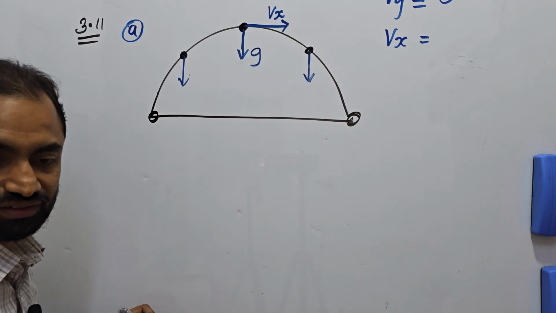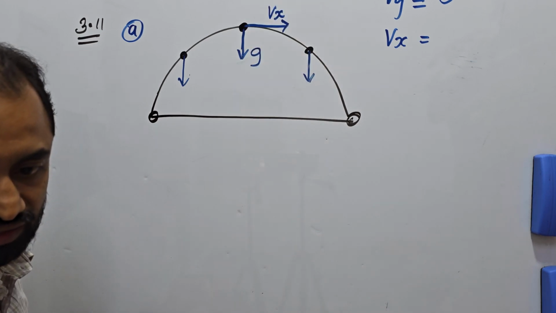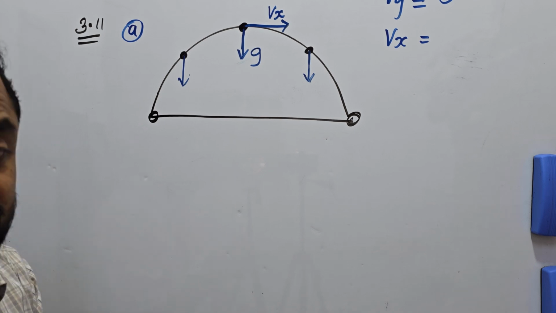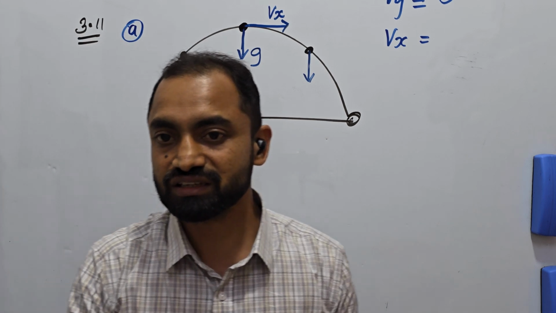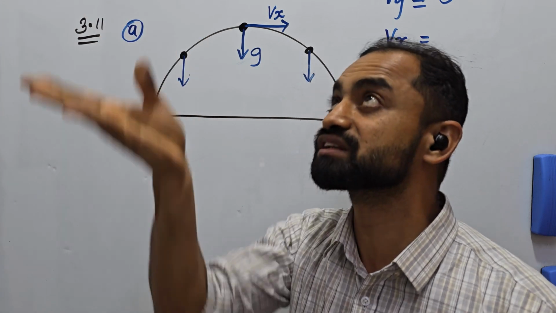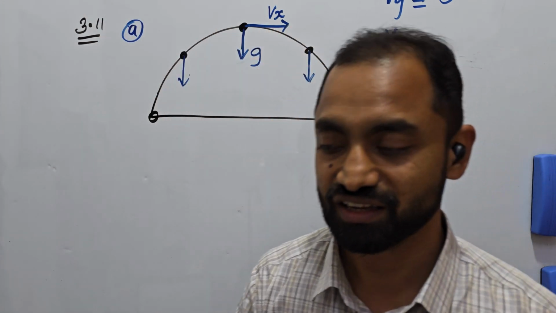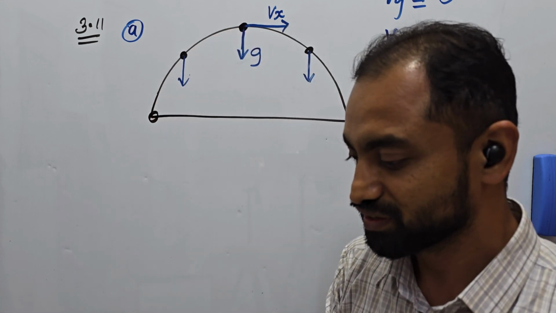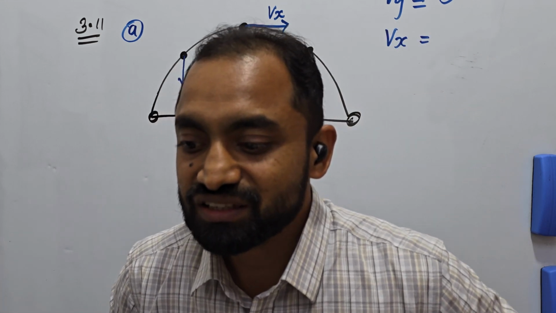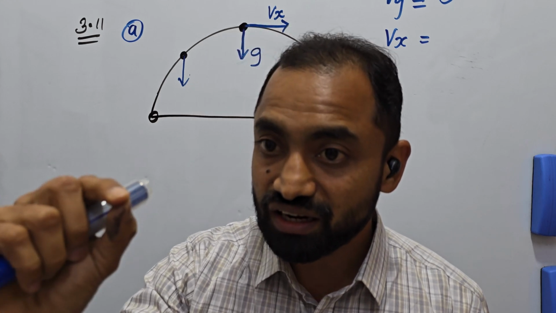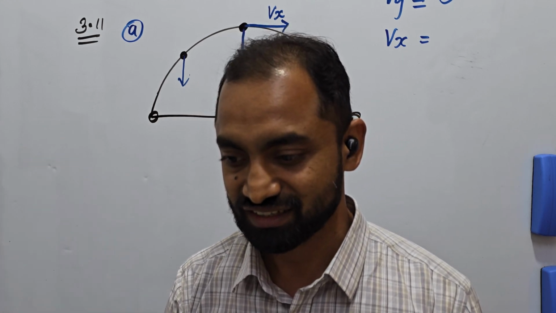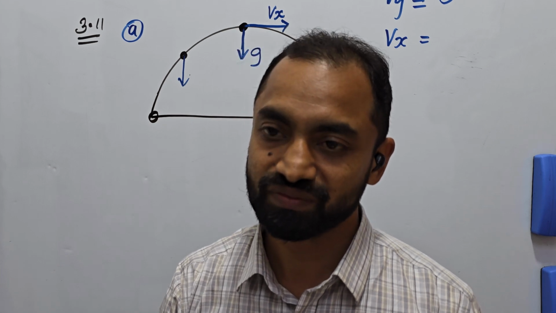Velocity is 0 at maximum height only if you throw straight up. But in the question it is said ideal projectile motion.